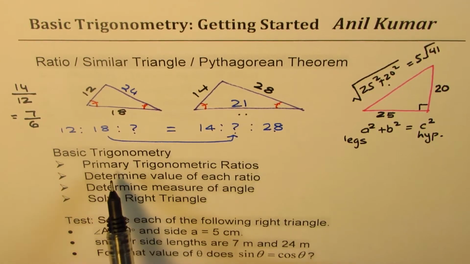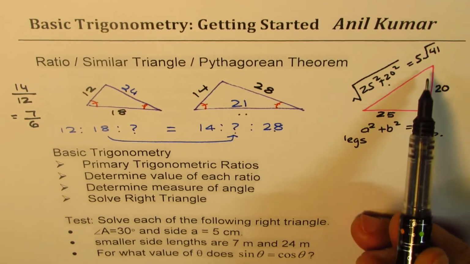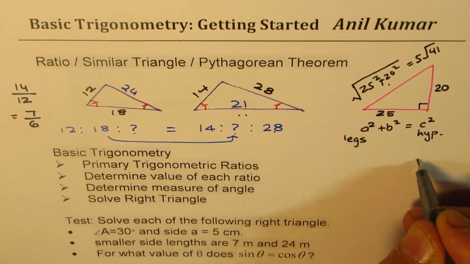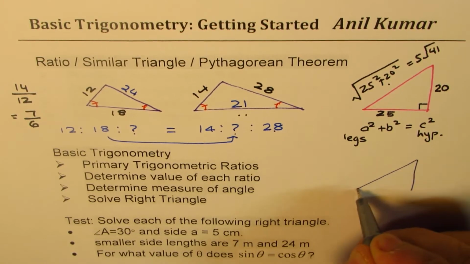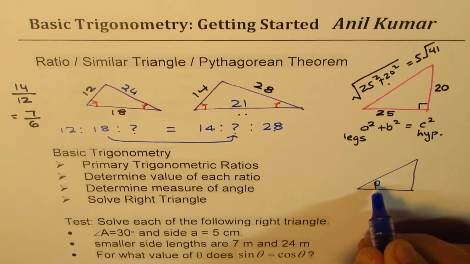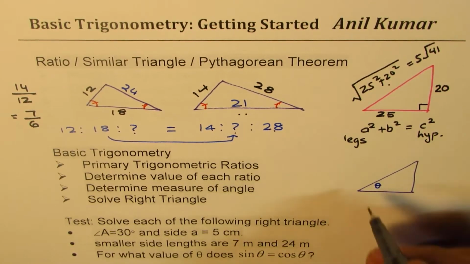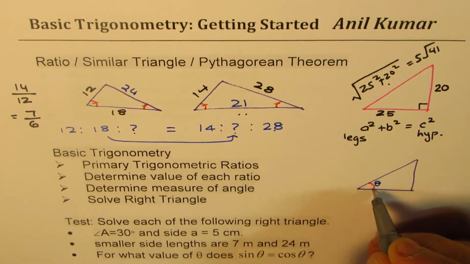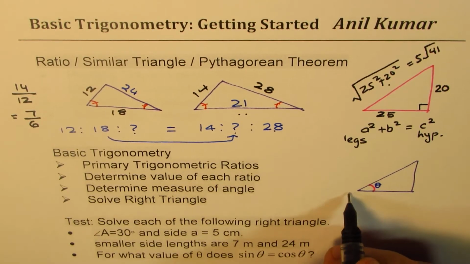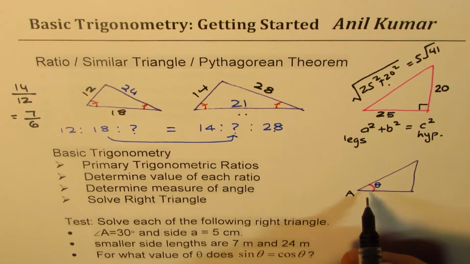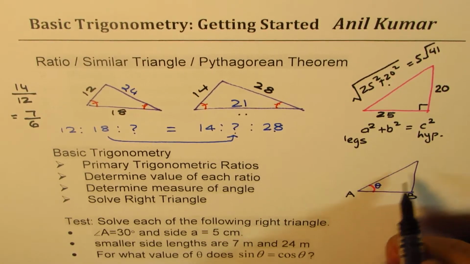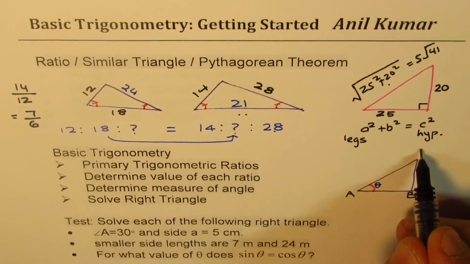In trigonometry, we talk about ratio of sides of a right triangle, basically. So let me sketch another right triangle, label it, we call this angle theta, okay. Normally, we may refer to an angle with the vertex. If I write A here, then we'll say angle A, right? Or we could use these Greek symbols, alpha, beta, gamma, theta, things like this.